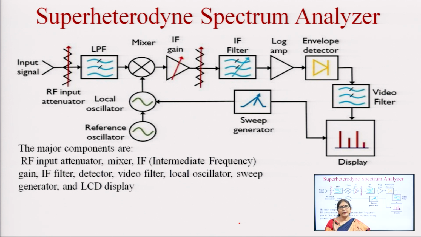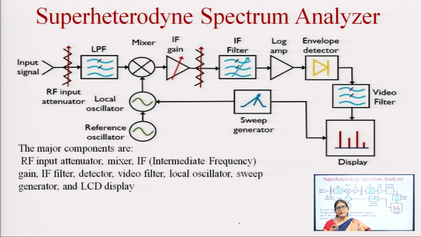Because in the superheterodyne spectrum analyzer there is a noise signal and there is some signal which has very high amplitude. Suppose at the frequency we want to analyze there is a very low amplitude signal and a very high amplitude signal. We want to analyze both signals.